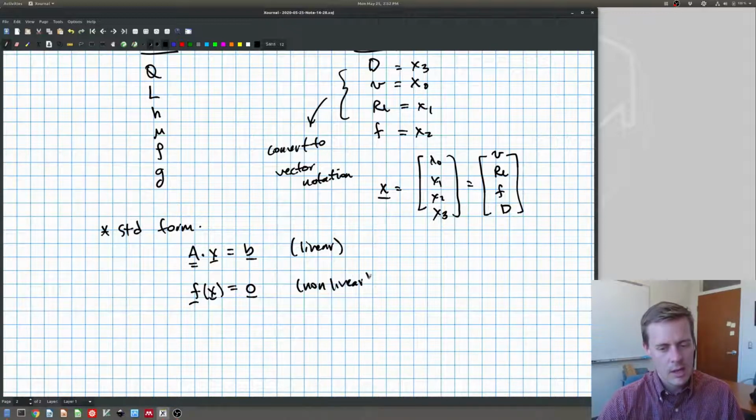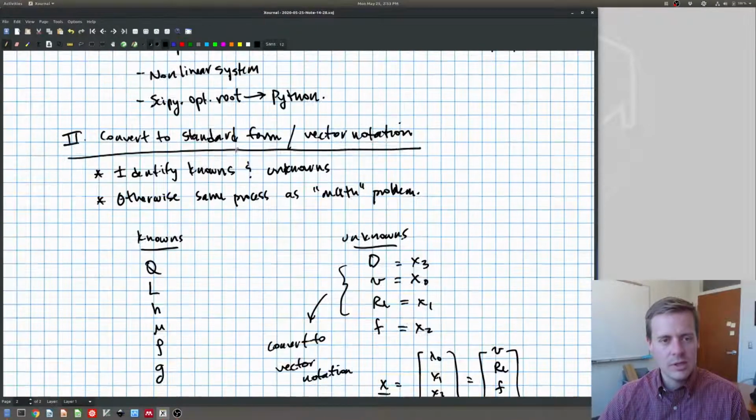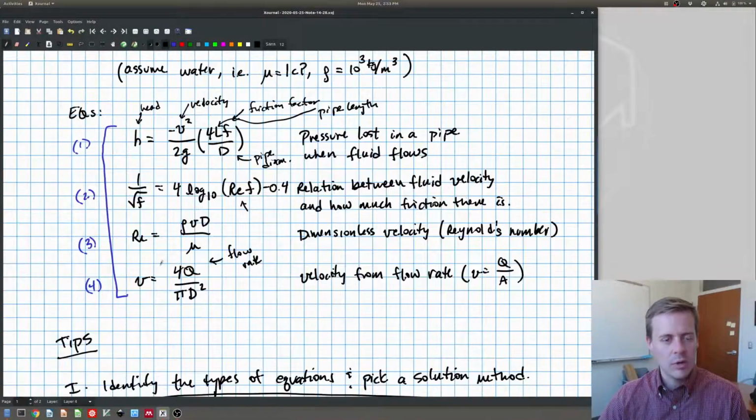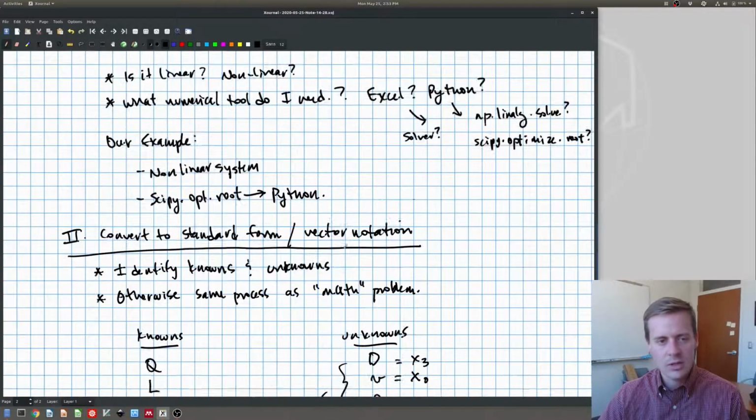And you recall that in both cases, when I go to code them, I need to use a vector at some point, either in the Python root function, or if I'm calling a linear system, I obviously need to have a vector there for x. So I need to be able to write these in standard form. So what I'm going to do is go back and convert these equations that I've written down, substituting in this vector notation.